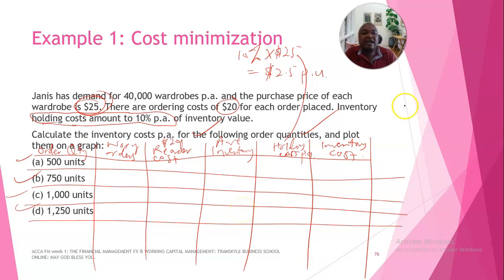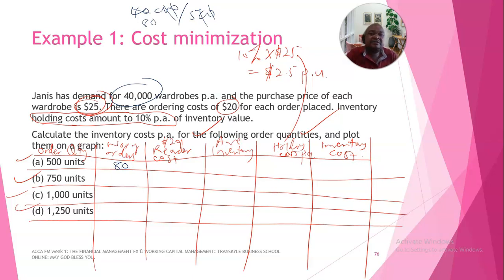Now, if we have a demand of 40,000 wardrobes, and we are only ordering 500 units each time we make an order, the number of orders will become 40,000 over 500 units. 5 into 40 is 8, and there is a 0 remainder, so we are talking of 80 orders.